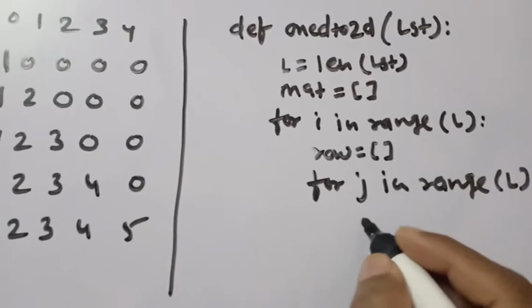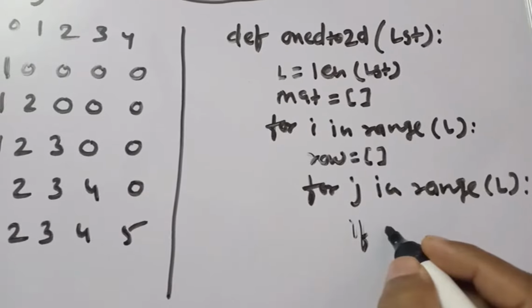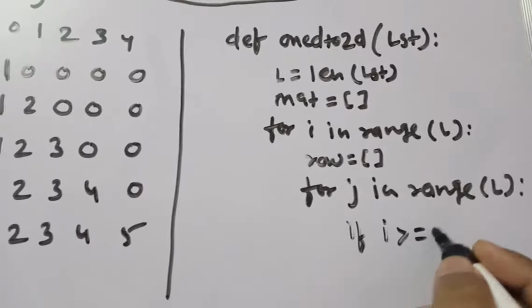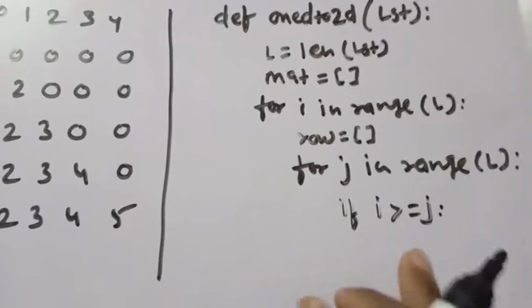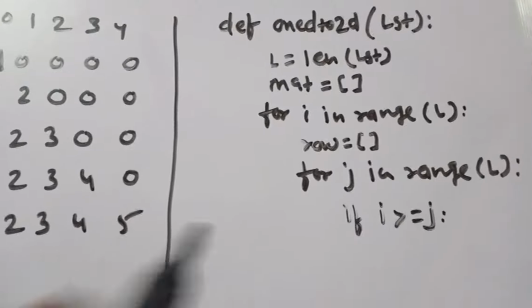Here in this loop, if I greater than or equal to J, I have written a logic. We will discuss this logic here in this matrix.